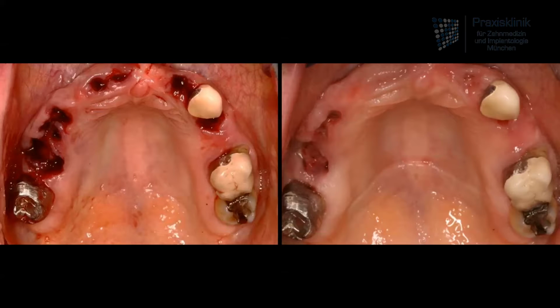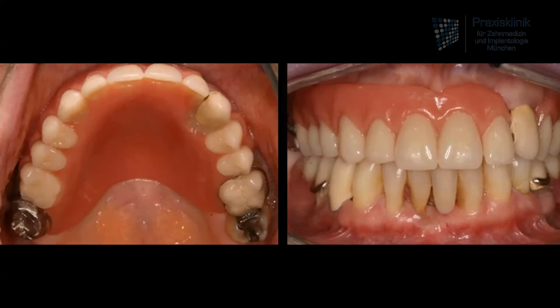On the right side, we can see the same situation 5 weeks after the extraction. So it is very important to provide a very good temporary restoration immediately after extraction to the patient, because this is the first idea we have about the target definite restoration, and the patient looks socially acceptable again.